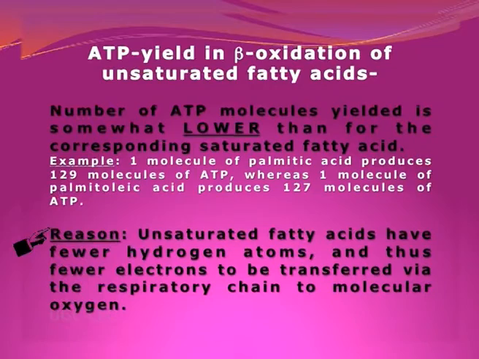So, a fewer number of electrons will enter the respiratory chain to get oxidized and release metabolic energy. This is why the beta oxidation of unsaturated fatty acids releases a lesser amount of energy than the beta oxidation of saturated fatty acids.